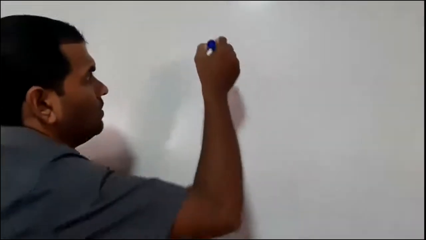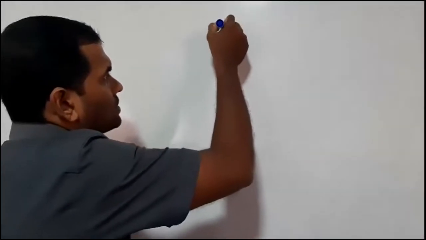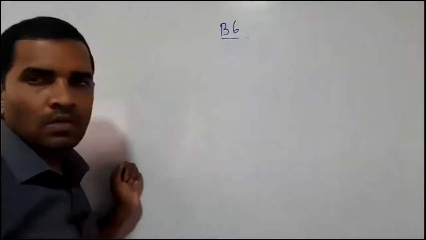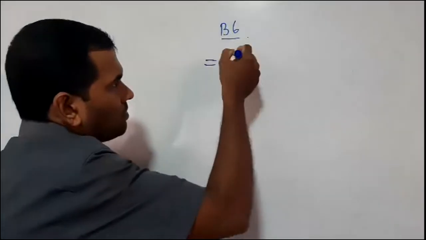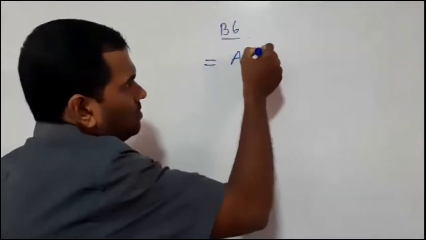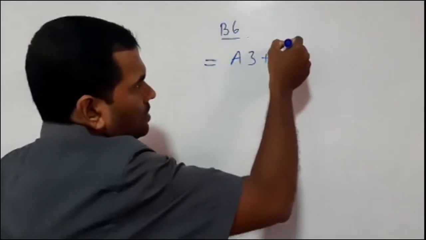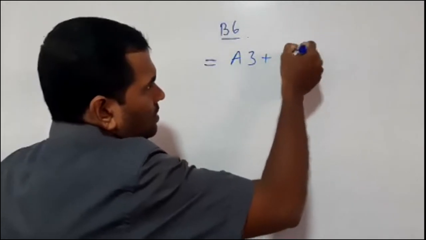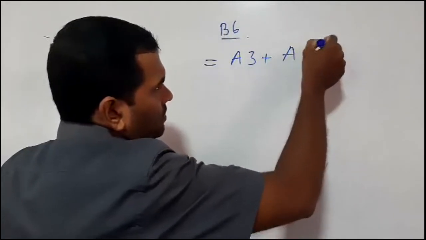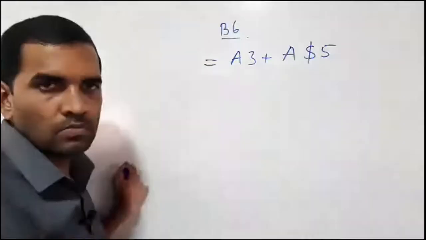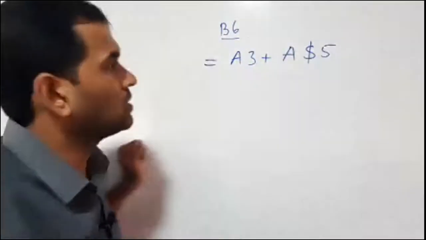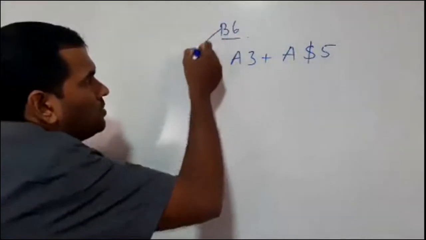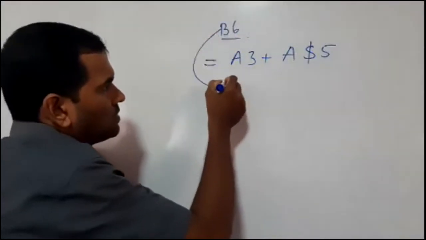Look here, we have a formula in B6. Okay, there is a formula in B6, equal A3 plus $5. Okay, A3 plus $5. Let's copy this formula to B7.